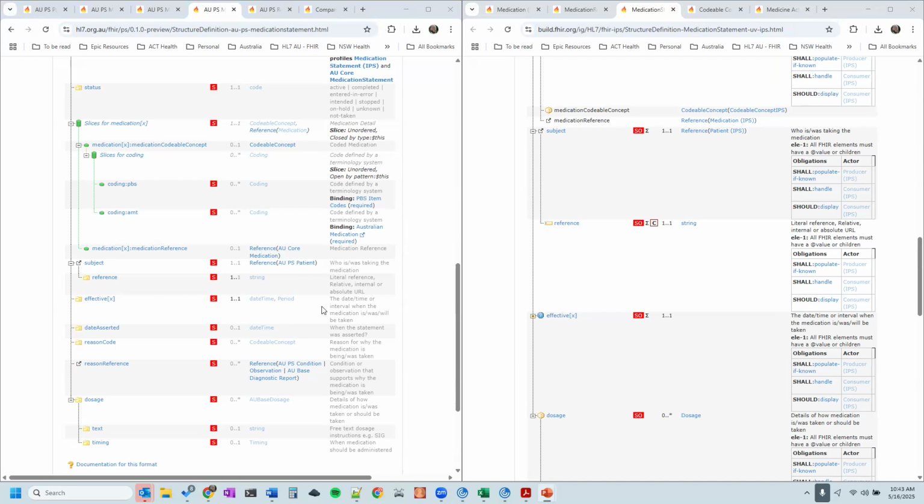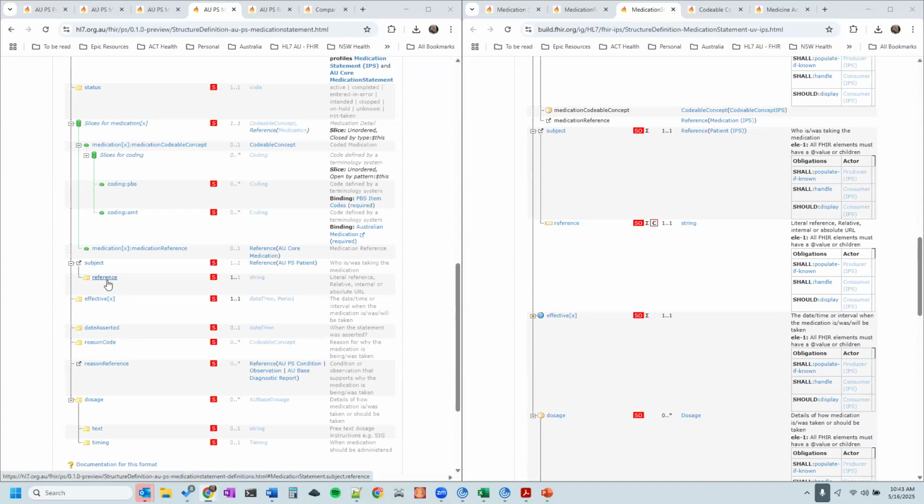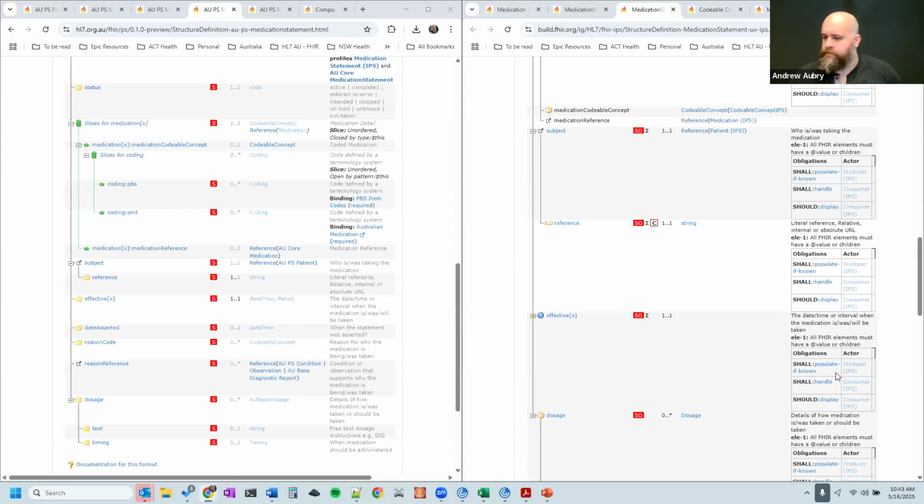Sorry, just to repeat, it's been inherited from IPS. It's not mandatory in AU Core. Is it must support in AU Core? AU Core does have a populate-if-known obligation on it. Now it's mandatory, so you would have to put in a data absent reason if you didn't have a value.